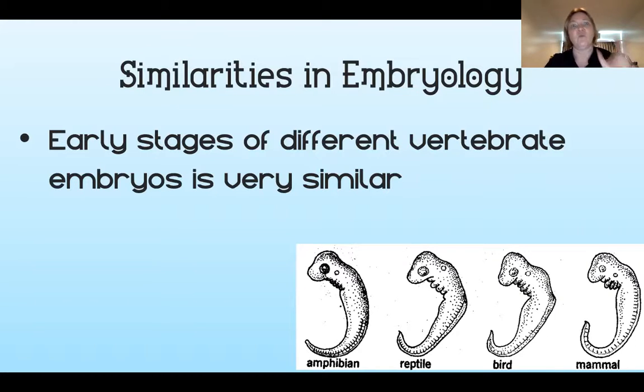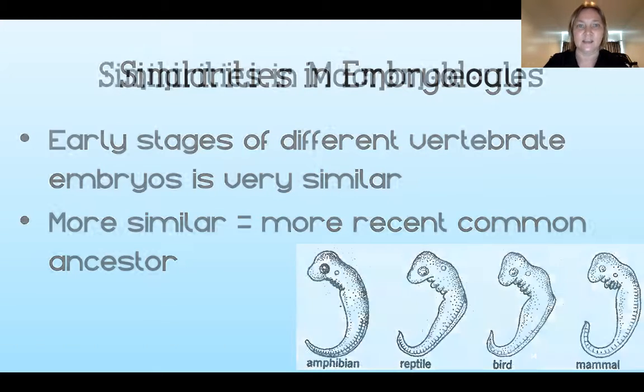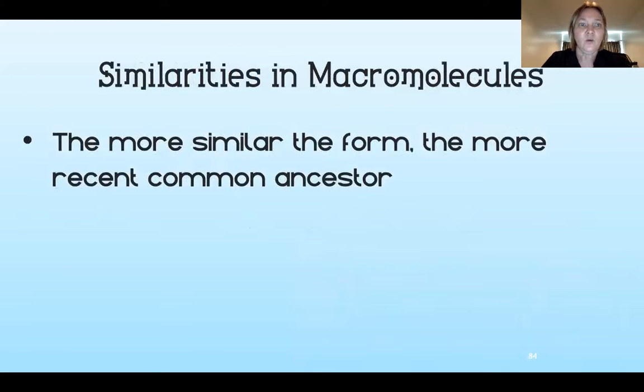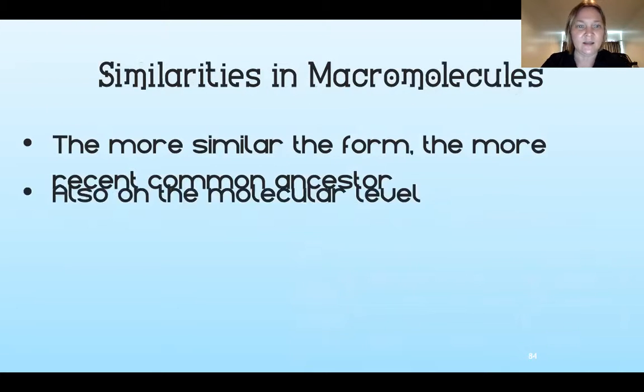So these are going to share more similarities in structure than we do with those other invertebrate animals. So the more similar you see in features, then obviously the more recent the common ancestor. The more similar the form, the more recent the common ancestor.